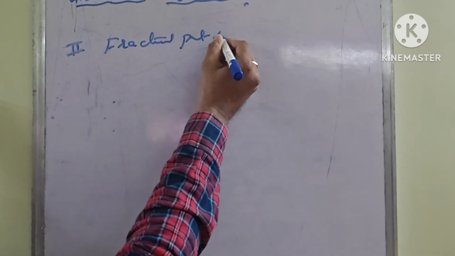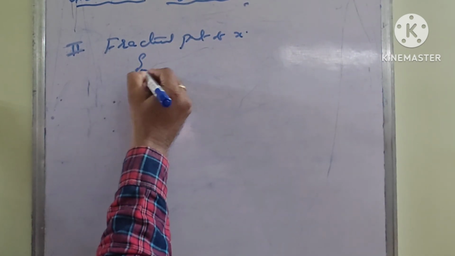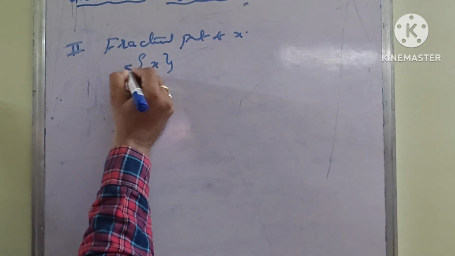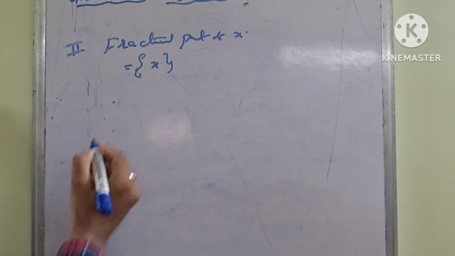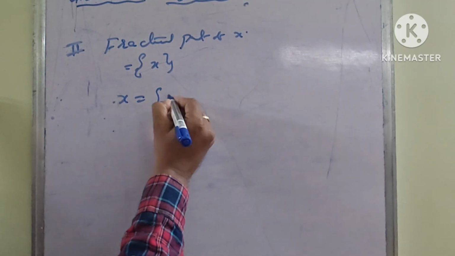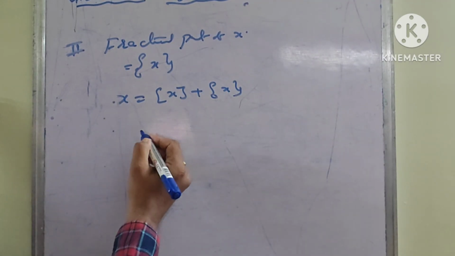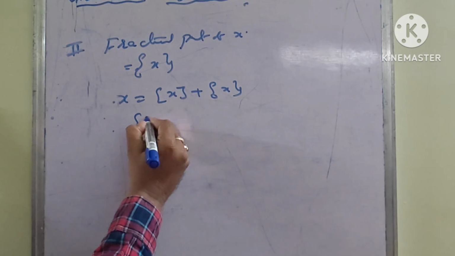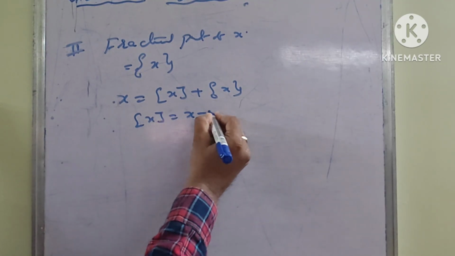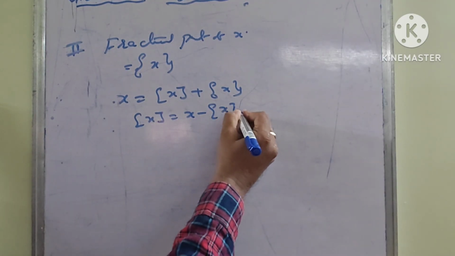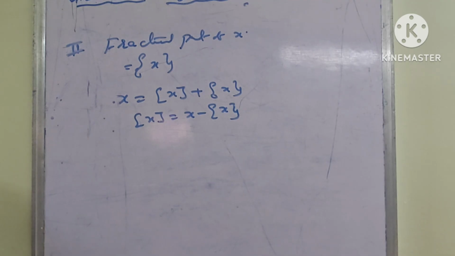Fractional part of x, denoted like this. Here x is equal to integral part of x plus fractional part of x. So integral part of x is equal to x minus fractional part of x. This is one more formula.